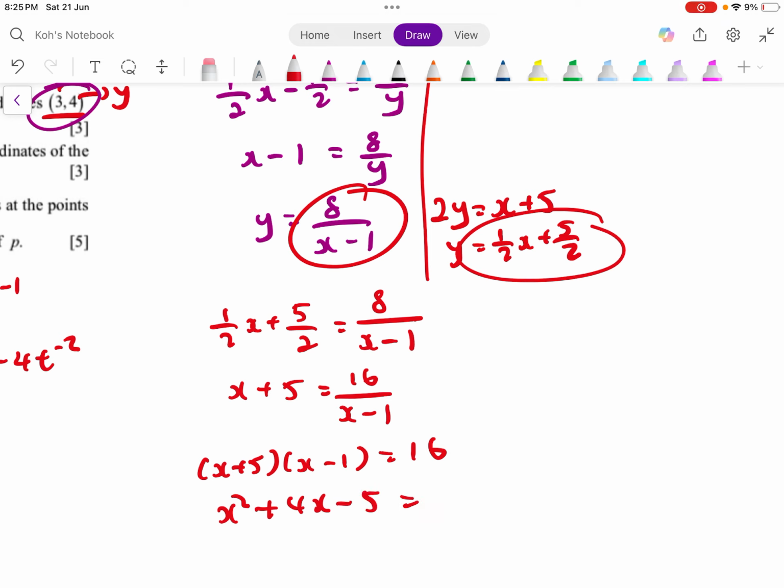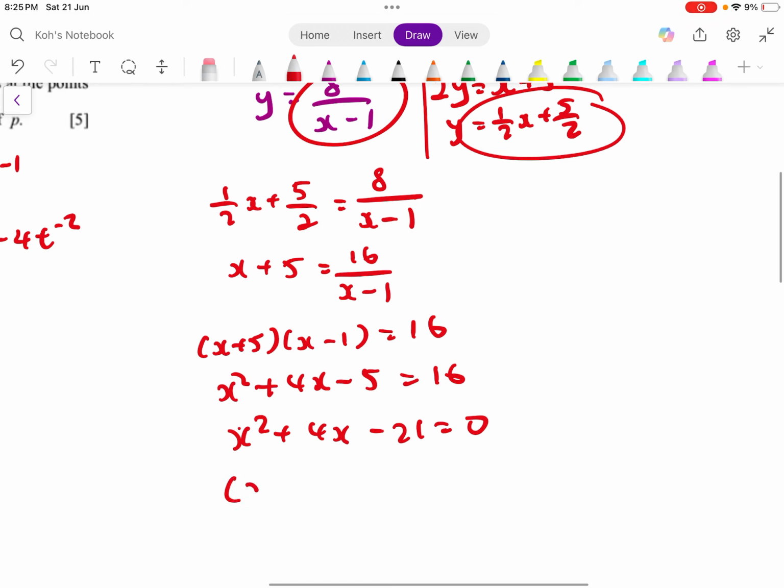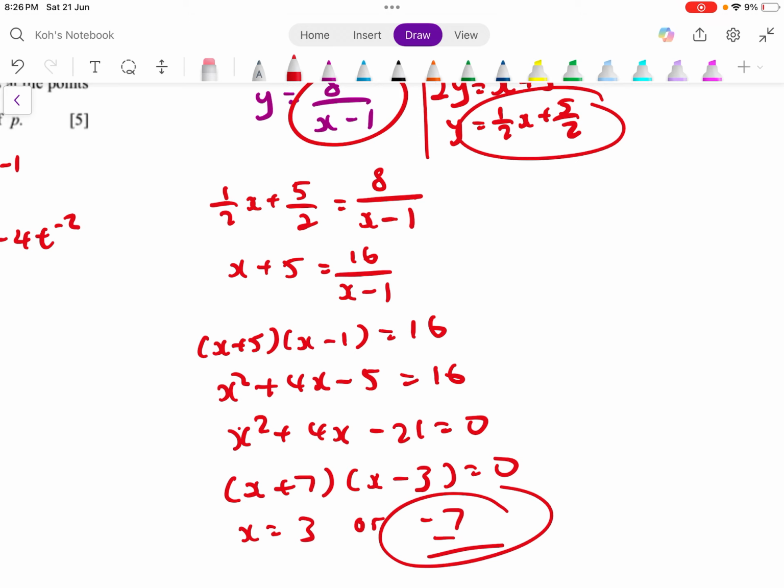Move everything to the left hand side: x squared plus 4x minus 21 is equal to 0. So (x plus 7)(x minus 3) is equal to 0. So x is equal to 3 or minus 7. So minus 7 is the so-called new intersection.